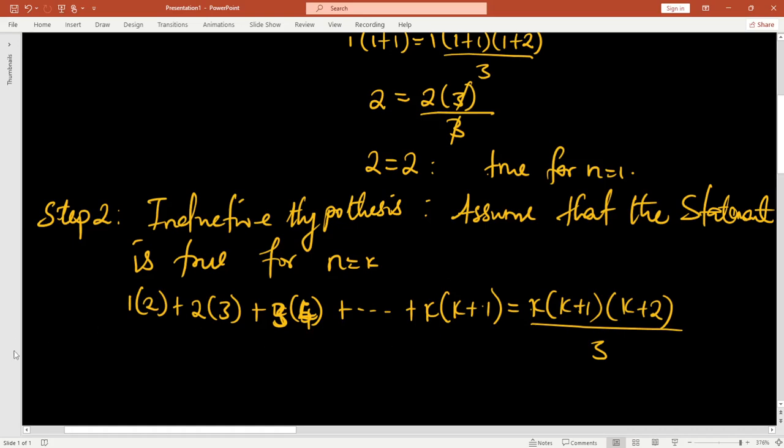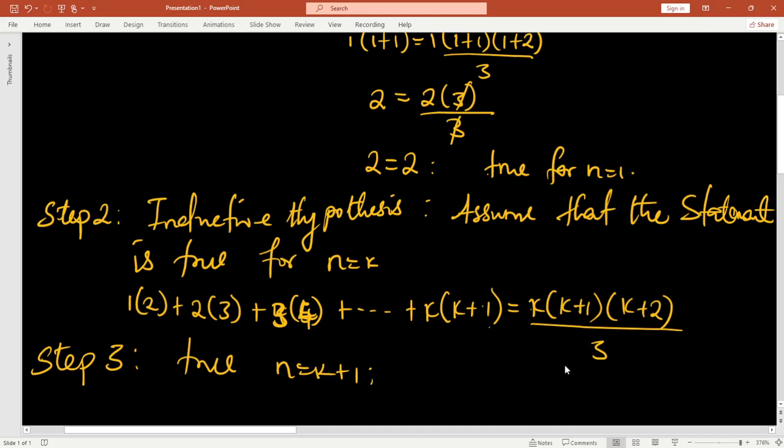Okay. So now the third step here, we need to show that the statement that we have is true for n equals k plus 1. What this simply means is that if we add the new term, which is the k plus 1 term, the statement should still hold.